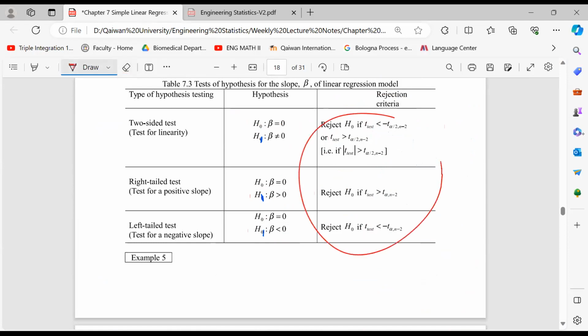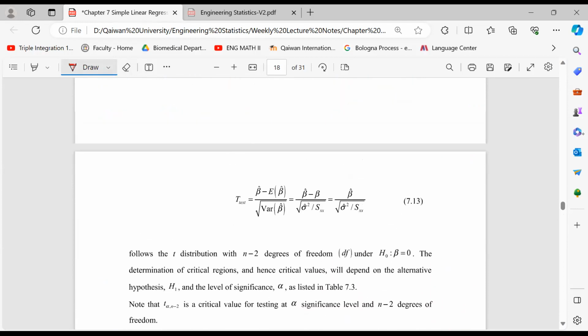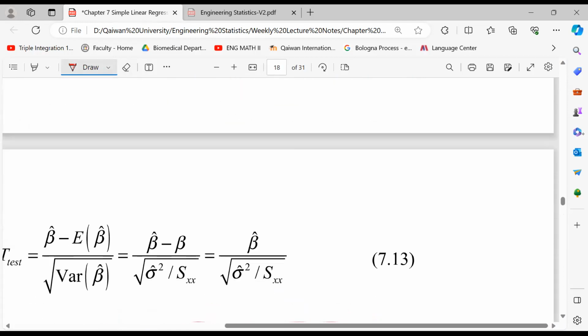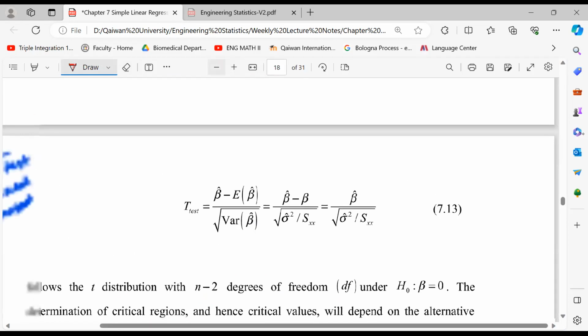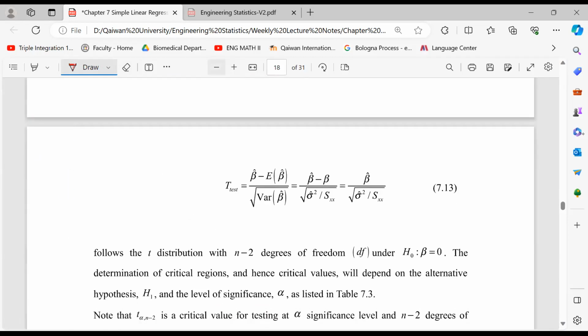You should know these conditions in which you could reject the null hypothesis. The t-test is what we find in step 3.